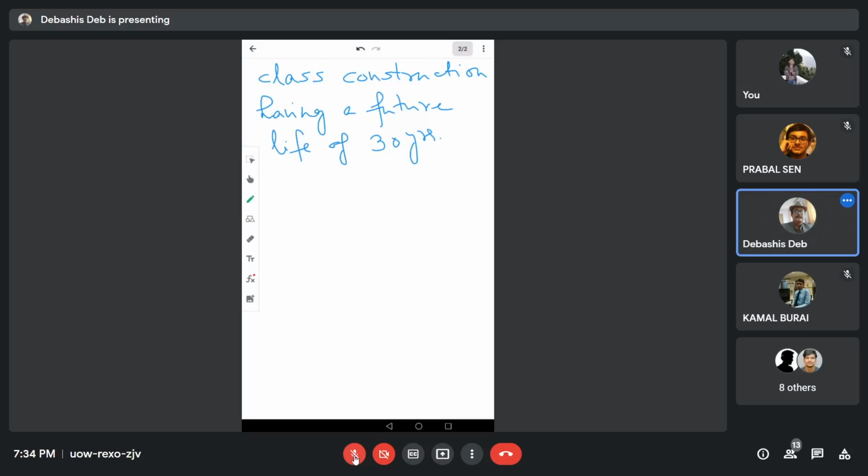And has got a cubical content, means volume, of 1200 meter cube.